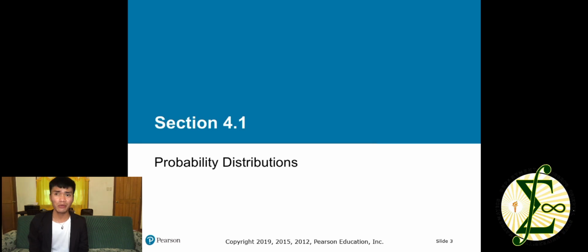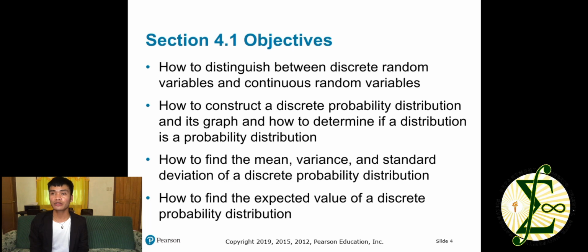By the way, what is probability distribution? Probability distribution is a statistical function that describes all the possible values and likelihood that a random variable can take place within a given range. Section 4.1 Objectives. First, how to distinguish between discrete random variables and continuous random variables.